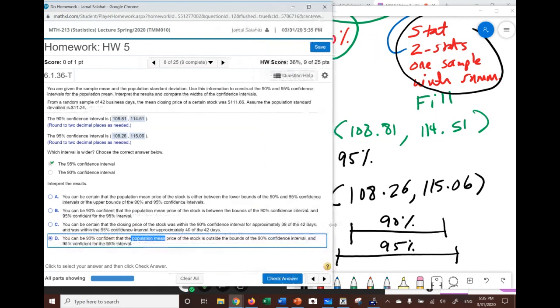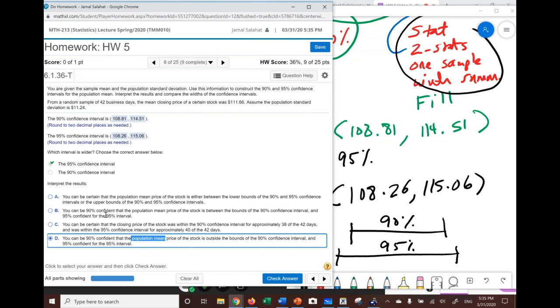So let me expand this window to see the rest of this. Now in here, you say, you can be certain that the population mean, the first one, part A, of the stock is either between the lower bounds of the 90% and 95% intervals, or the upper bounds of the 90% and 95% intervals. That's the first choice.